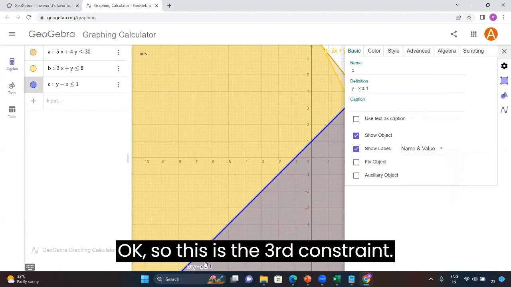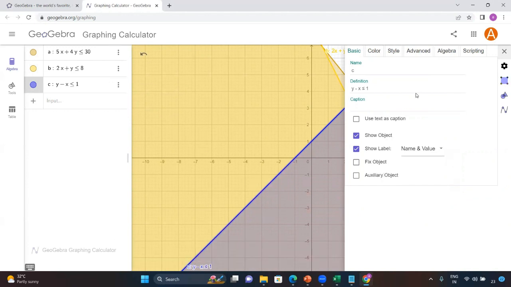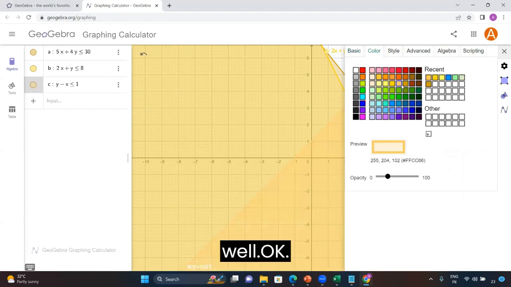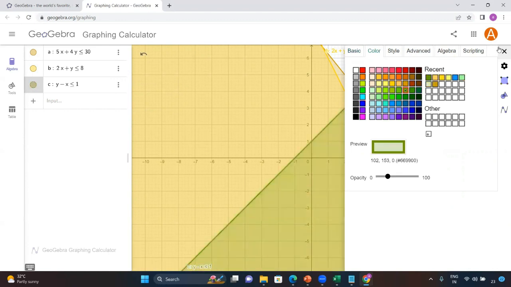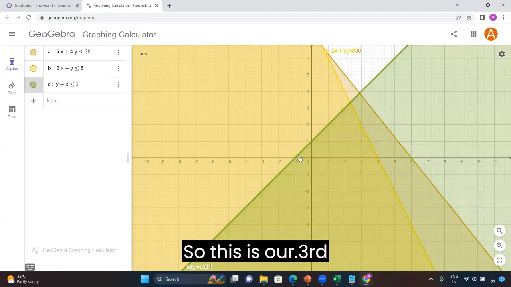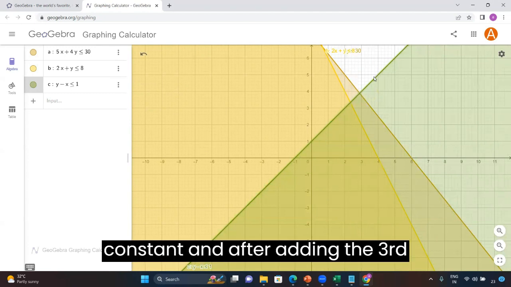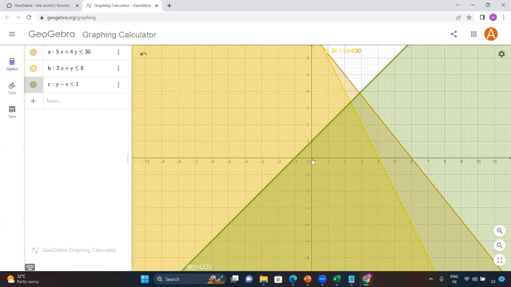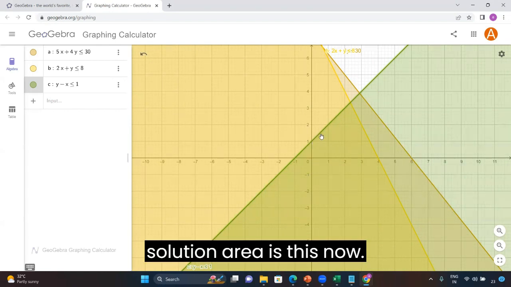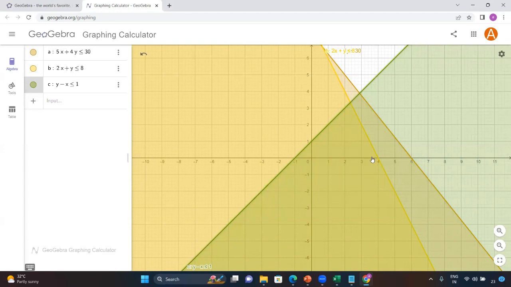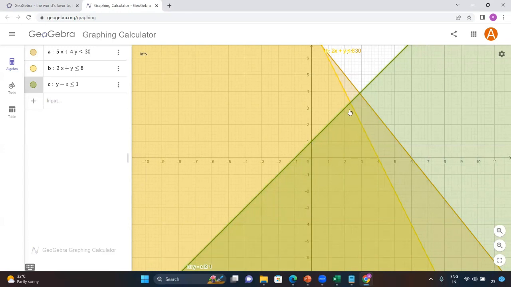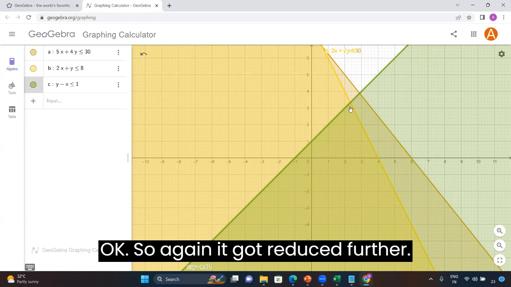So this is the third constraint, and let me just change the color as well. After adding the third constraint, our solution area is this now, 0 to 1 up to this. So again it got reduced further.